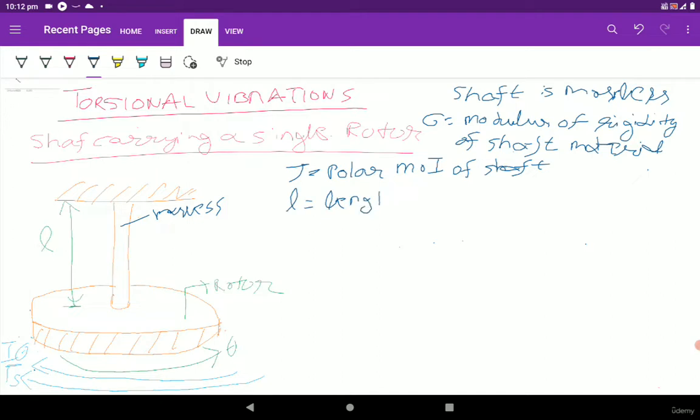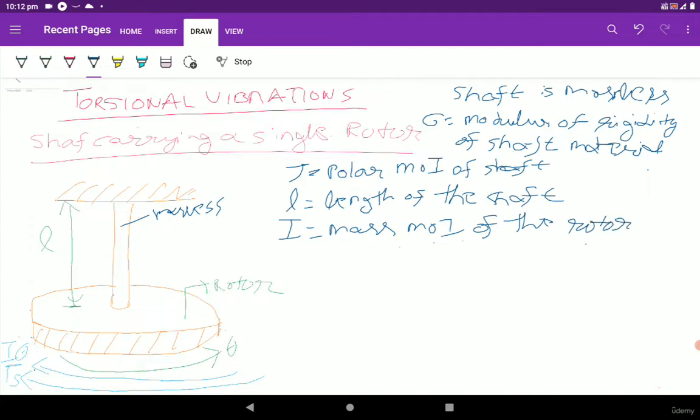L is the length of the shaft. I is the mass moment of inertia of the given rotor, and q, which is the ratio of G into J by L, is the torsional stiffness of the shaft.